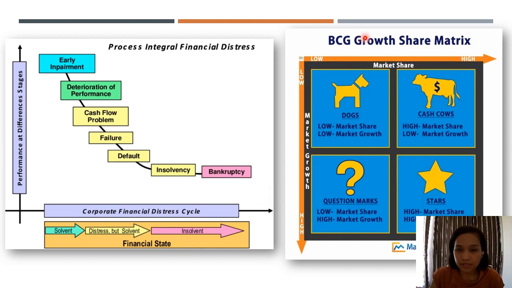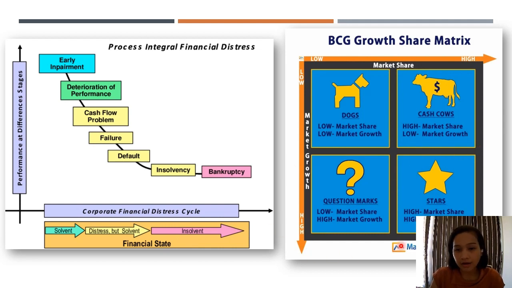And BCG, the Boston Consulting Group, also provided us a measurement called the growth share matrix. It is divided into 4 windows, and they make an analogy with 2 different animals. Dogs is when the market share is low and the market growth is low. Cash cows is when the market share is high but the market growth is low.